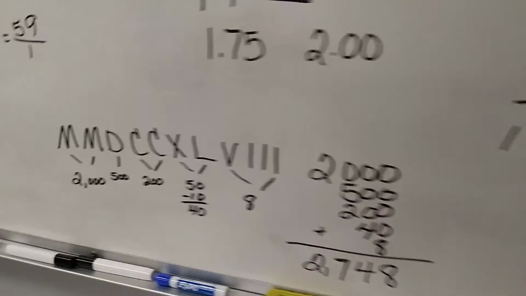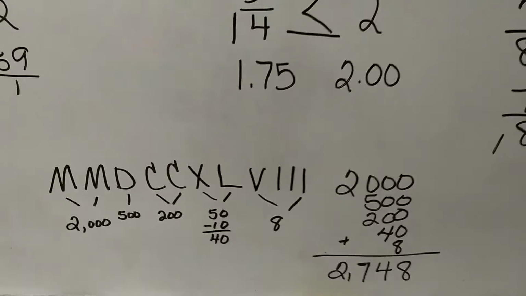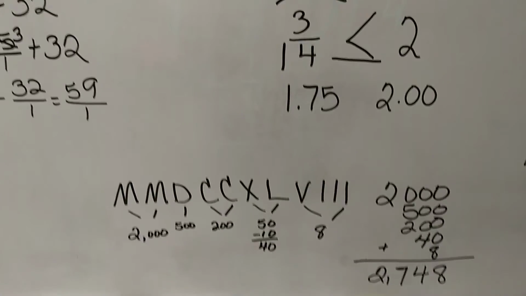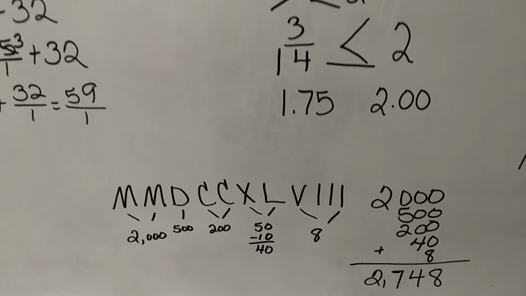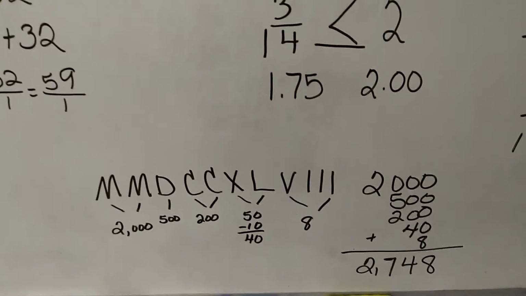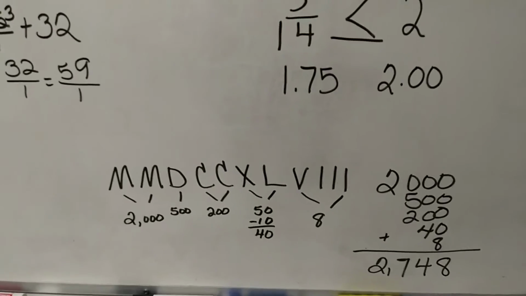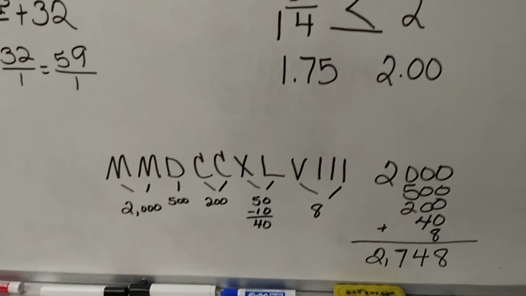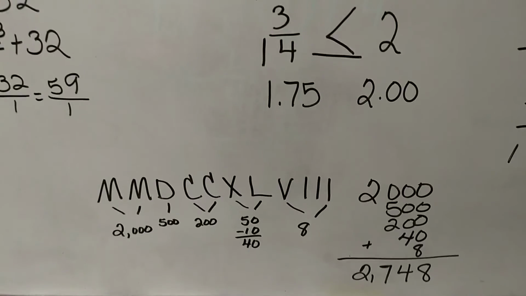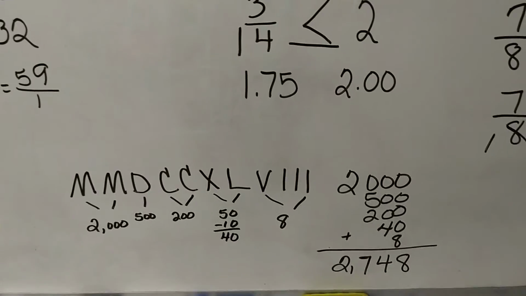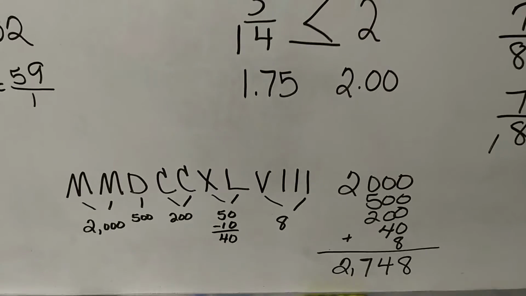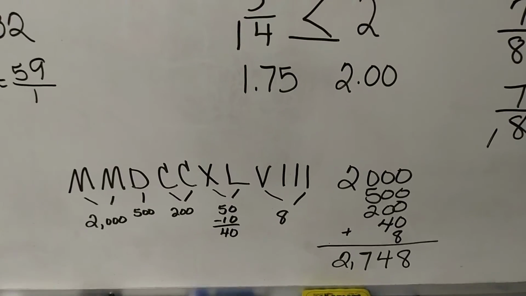All right, down here, Roman numerals. M equals 2,000, because M equals 1,000, I have 2, so that would make that 2,000. D is 500. C is 100, so I have 2, so that would make 200. I have a lesser number, X, 10, in front of a larger number, L, which is 50.